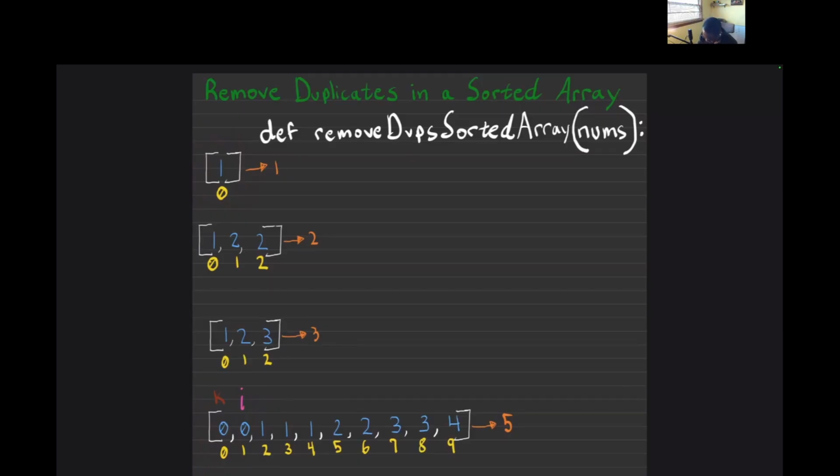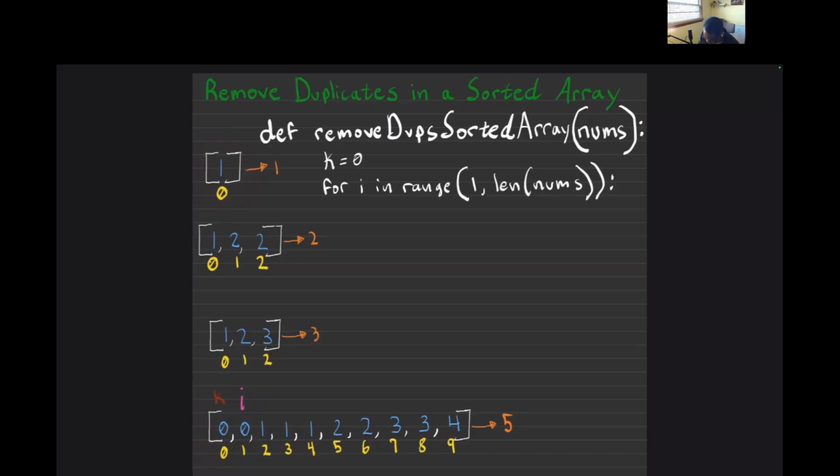We're going to start off by saying k is equal to 0, for i in range 1 to the len of nums, because we need to iterate through all of the nums.